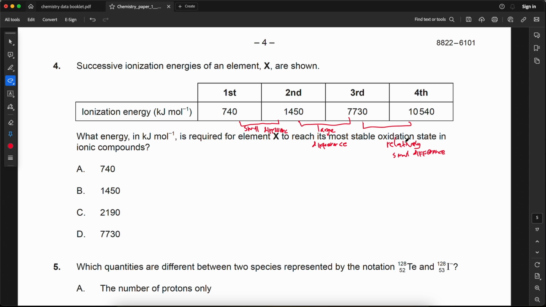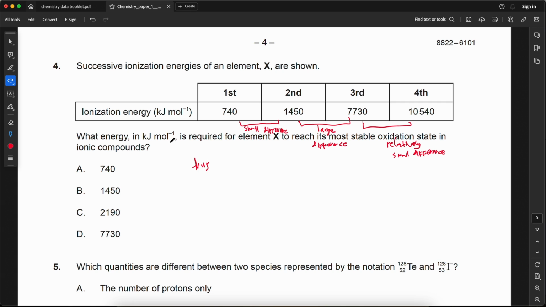So we can conclude that the third electron must be removed from a lower shell. So if the third is removed from the lower shell, therefore there are 2 valence electrons that should be easier to remove, right? So the element X should have a 2 plus oxidation state because 2 electrons are easier to remove, but not the third one.